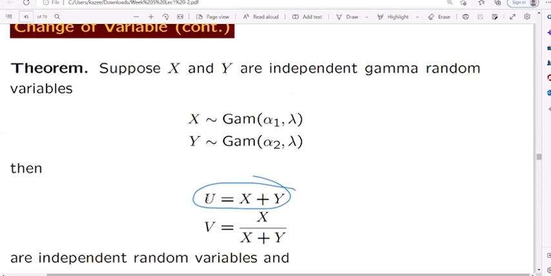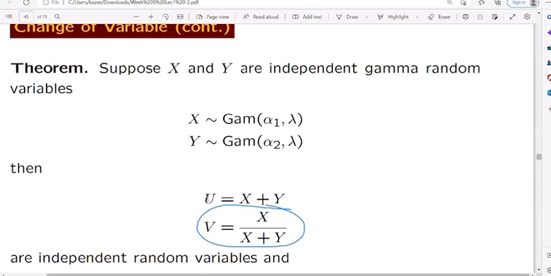Of course, the idea of convolution can be used in a situation where you are seeking the probability distribution of the sum. I walked you through the convolution the other time. But what about a situation where we want to consider a new variable V, and that new variable V is a function of X and Y?